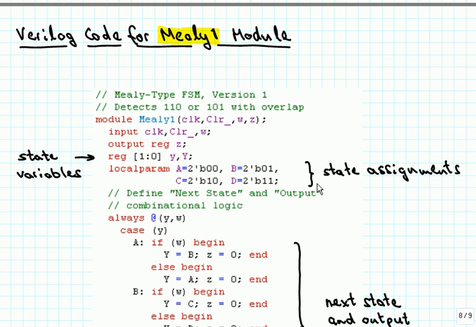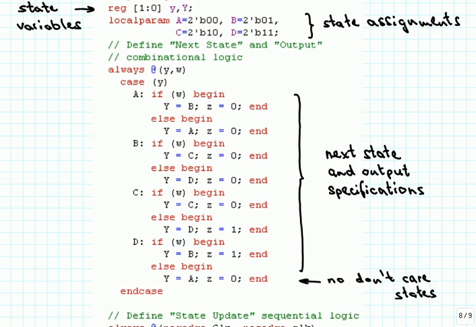And then we go into the combinational logic, which computes the next state specification based on the current state, and also based on W. Now, based on W, we are actually going to make 2 things here. One is to specify the next state. So, for example, if you're in state A, and W is 1, then we specify that the next state is going to be B.